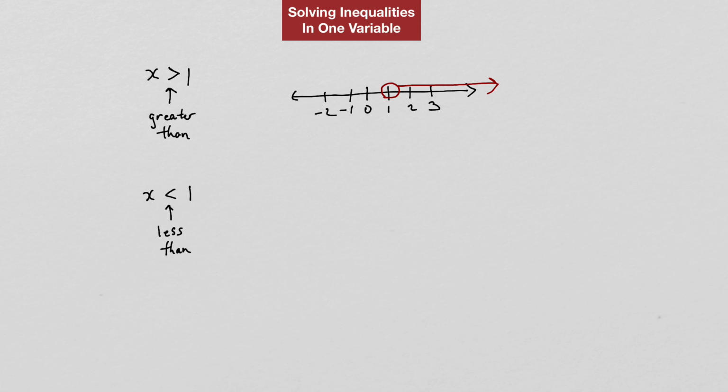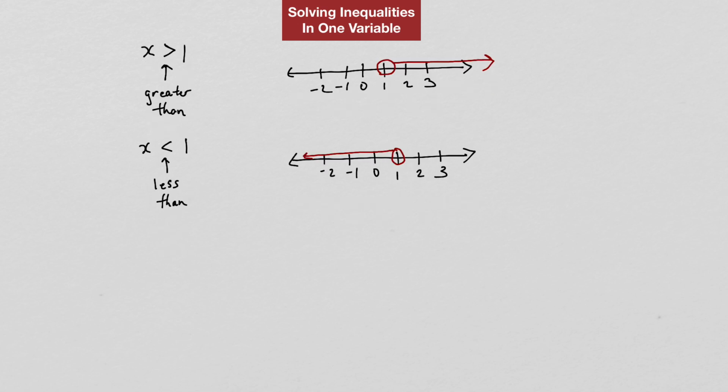Then on the number line, we're going to have an open circle over 1, and it's an open circle because of this less than sign. We draw a line to the left to represent all values of x that are less than 1. So anything to the left on the number line would be true. It is less than 1.